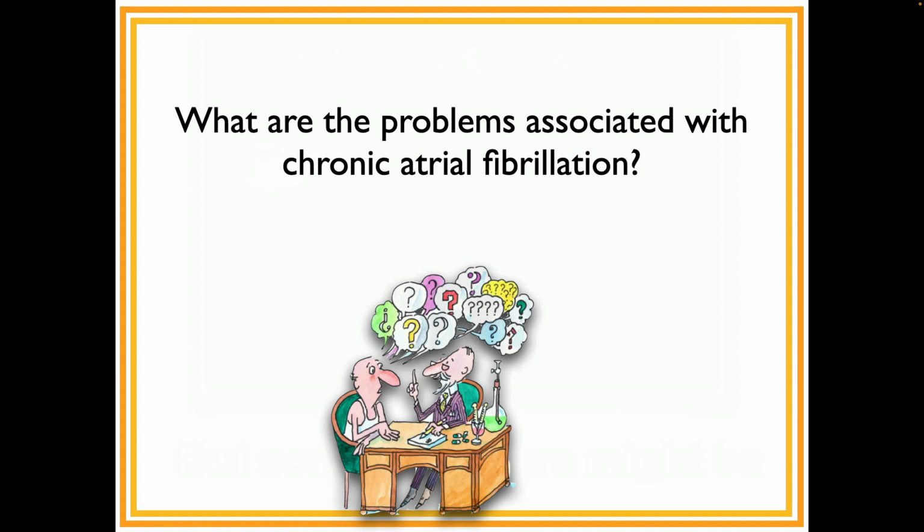There's no contraction happening, and so the blood pools, and when blood pools, it tends to form clots. Especially when somebody goes from AFib into, say, a normal sinus rhythm, all of a sudden there's a big contraction, and it will push that clot out, and it can lead to a stroke. So most people who are in chronic AFib will be on some kind of blood thinner to prevent a stroke.